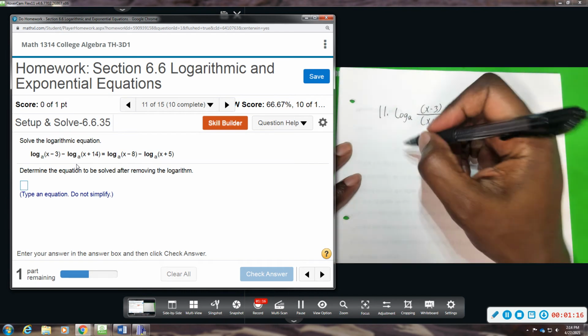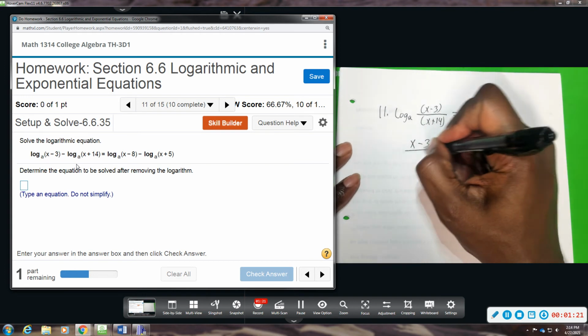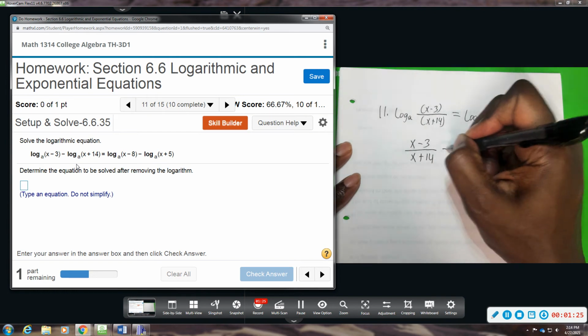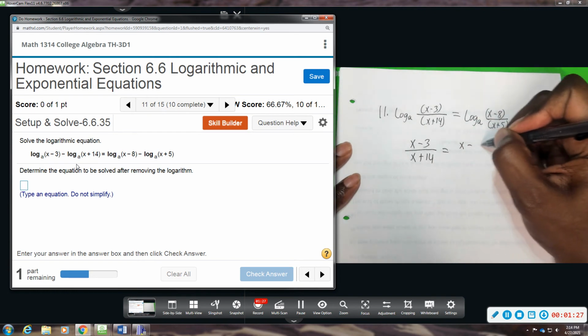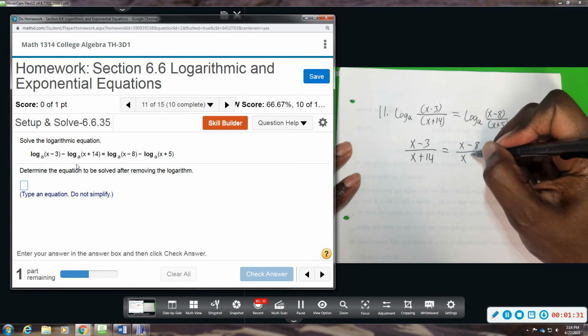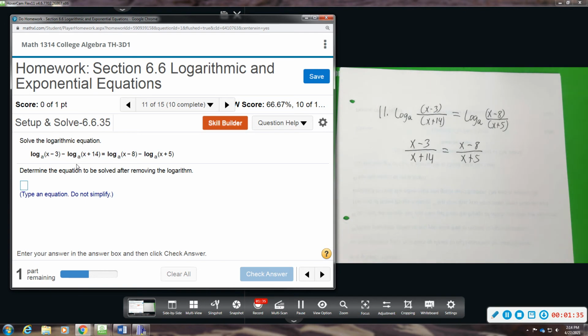So we have a rational expression, x minus 3 over x plus 14 equals x minus 8 over x plus 5. So this is the expression that we're going to have to solve without logs.